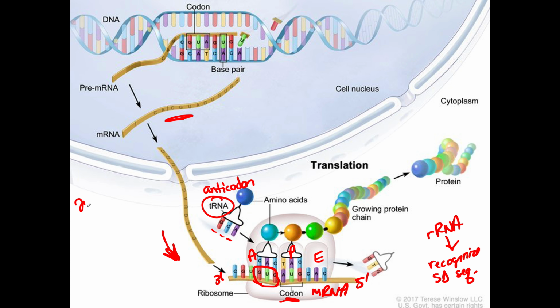For all 20 essential amino acids, or any of the amino acids that are required for a cell's proteins, whatever combination of amino acids they have, each amino acid will have its own tRNA. So here's the anticodon that will complement base pair the codon. And at the opposite end of the anticodon on the tRNA is the actual amino acid that it encodes for.